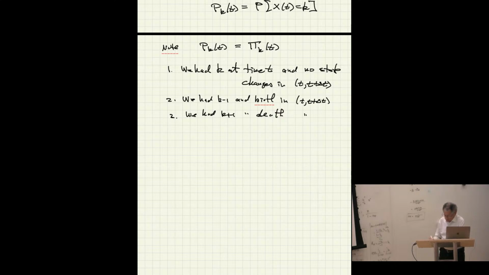So to draw that as a diagram, if I look at the state E_k, I could have gotten there from E_k plus 1, or from E_k, or from E_k minus 1.